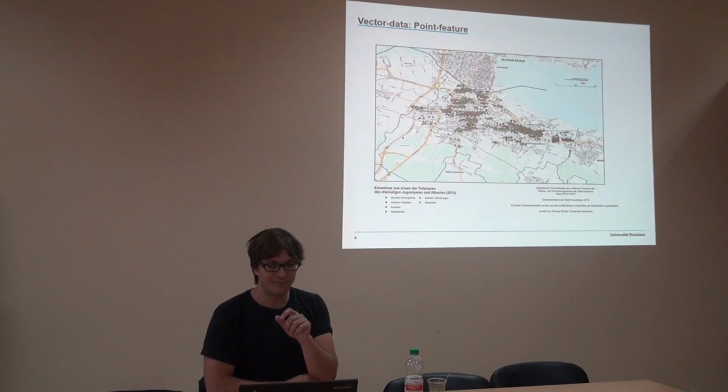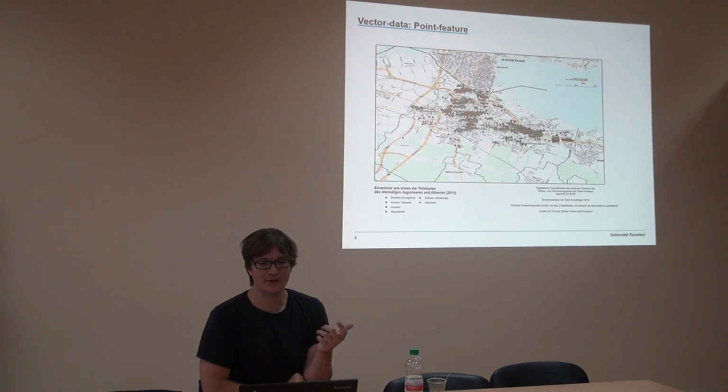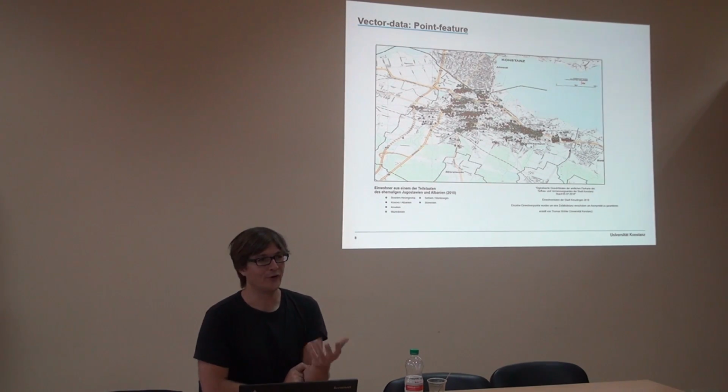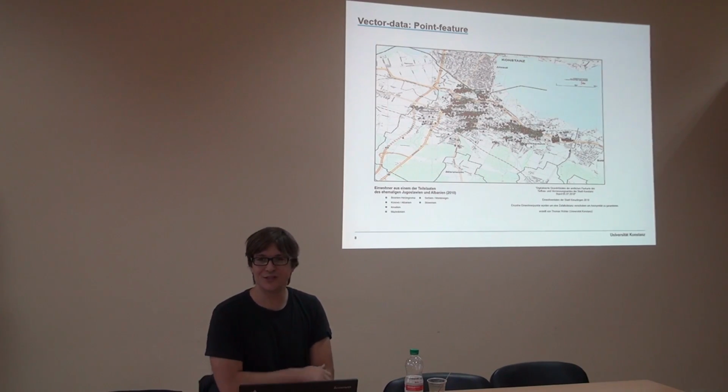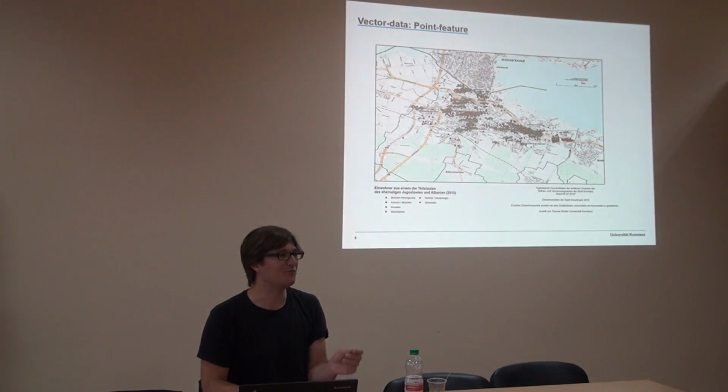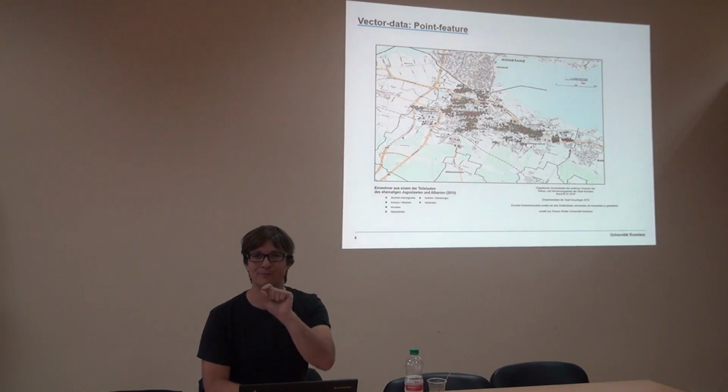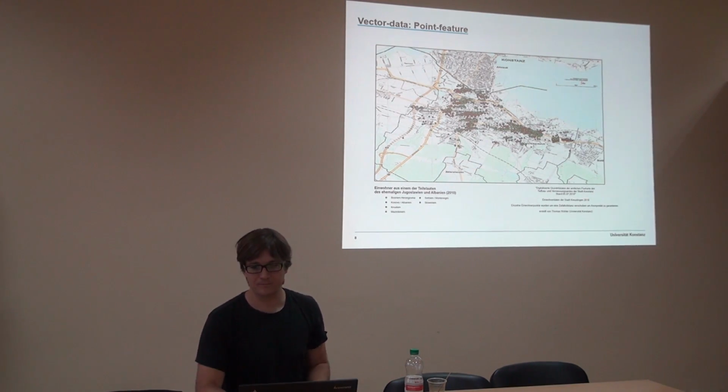What we have mostly is point features, or point data. This is data where each observation corresponds to one dot on your map, one clearly specified point, specified by the coordinates that you have.